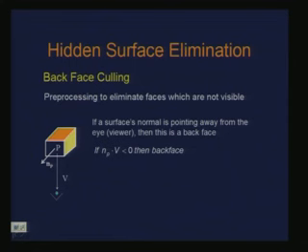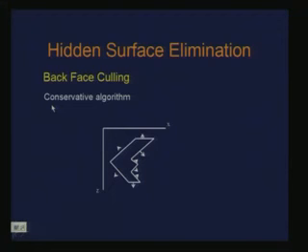Fine. So, this is, as it says, actually a pre-processing step. This does not take away all the faces which are possibly not visible. It is actually a conservative kind of an algorithm, in the sense that let us say I have these faces.